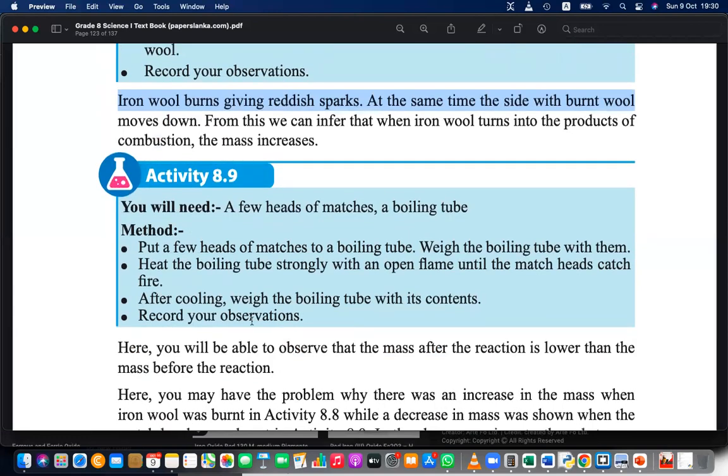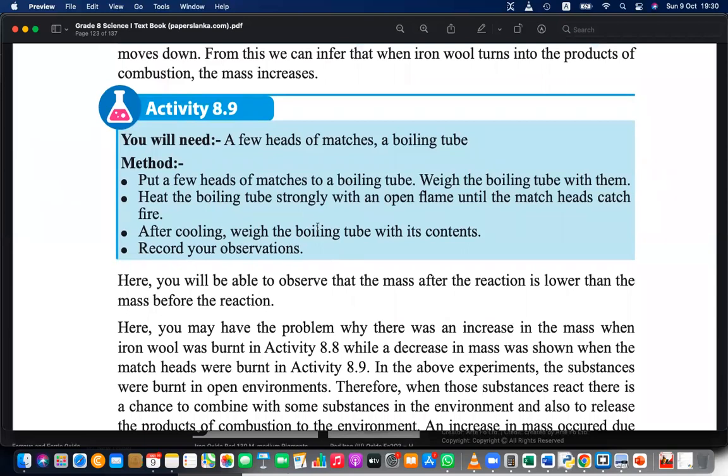After cooling, you have to measure the weight of the boiling tube with its contents. You can record this, and you can see that after heating the tube, the mass will be less than at the start.